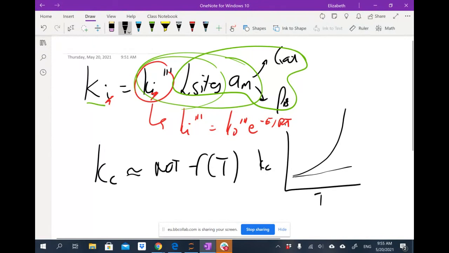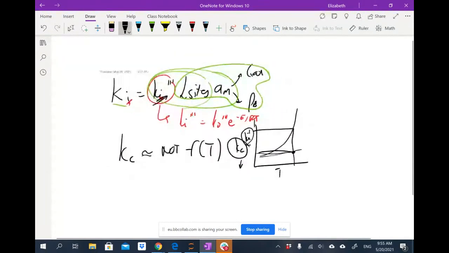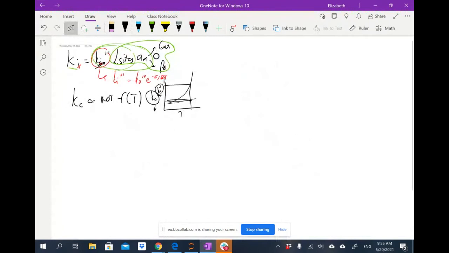If you expected this kind of increase in your rate constant because you worked with Ki, you increase the temperature and you expect that, and then in your reactor you only get this because Kc actually holds back the rate, you are going to be severely disappointed when you complete your design. Right, so this is the one that carries the true Arrhenius dependency.